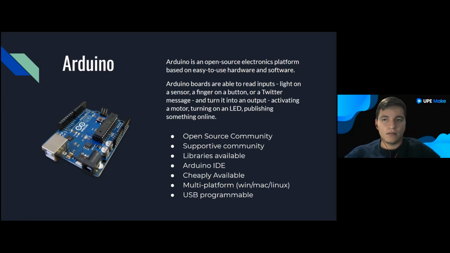And with that, you're given the ability to use the GPIO pins that it has to read different inputs and send out different outputs. So whether that be using a button or sending out a tweet or activating a motor, let's say you wanted to create a car or a small robot that uses an ultrasonic distance sensor, you could do that.